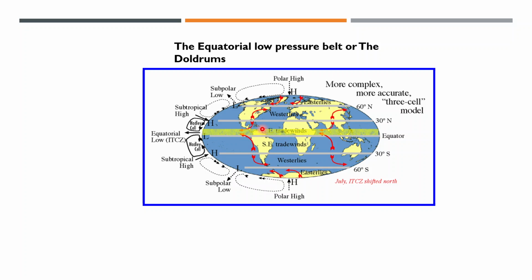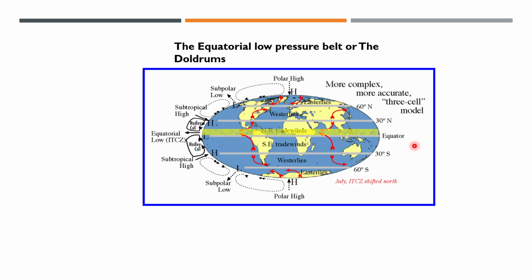Now the equatorial low pressure belt is found 5° north to 5° south of the equator. This region receives the vertical rays of the sun throughout the year.